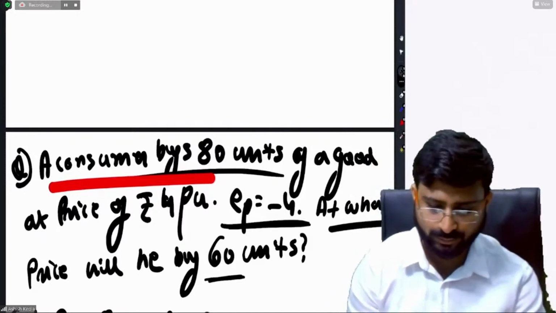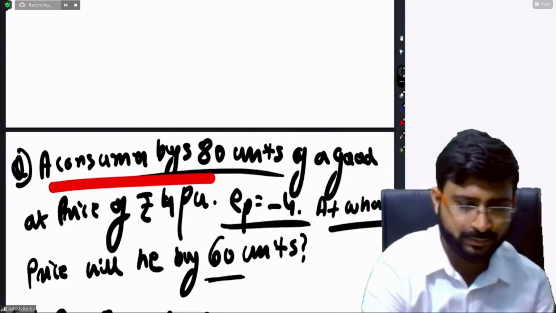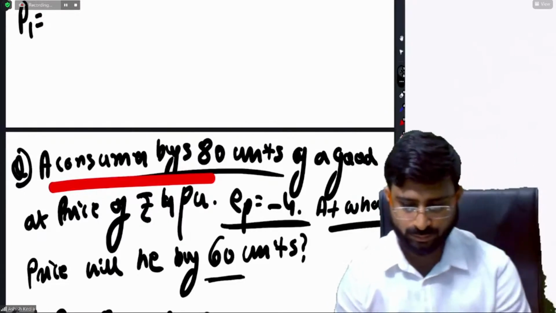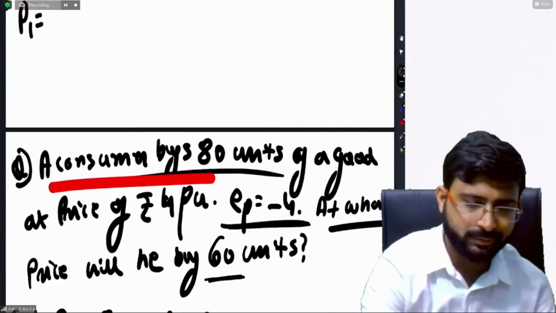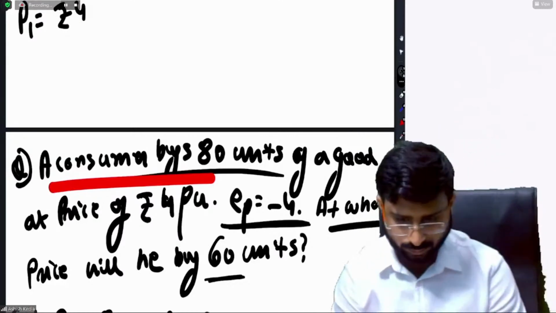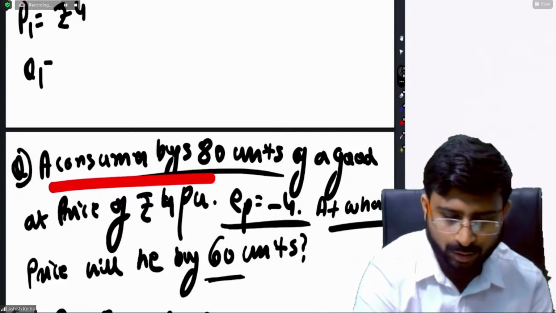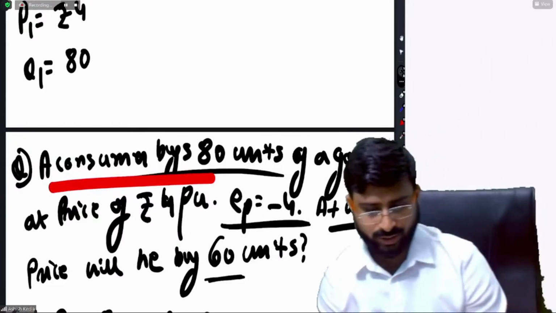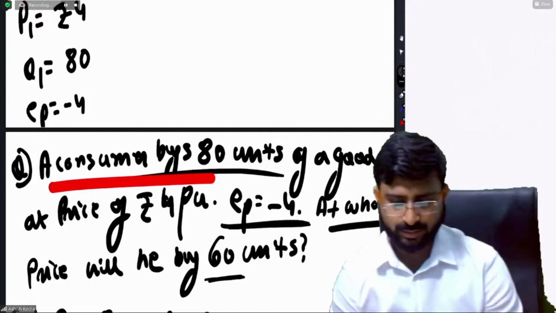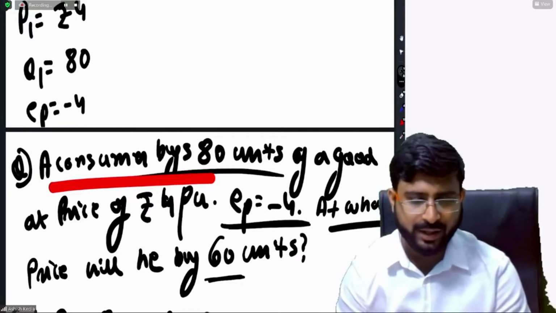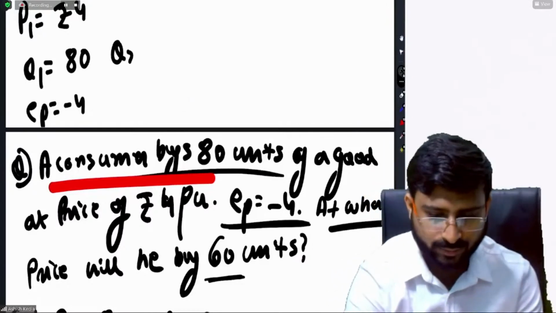See, original price is rupees 4. Original quantity is 80 units. Elasticity is -4. At what price will he buy 60 units?